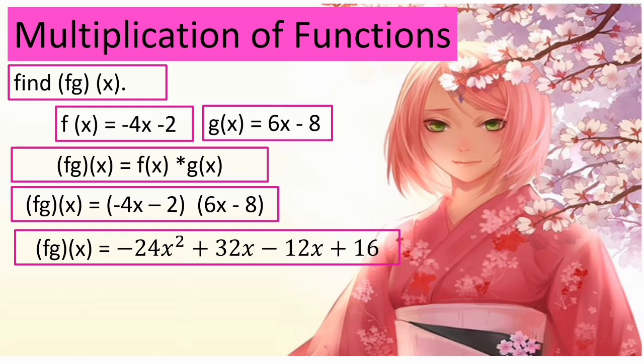So, paano po nangyari ito? So, ang gagawin lang natin is we use the FOIL method. So, negative 4x times positive 6x is equal to negative 24x squared.